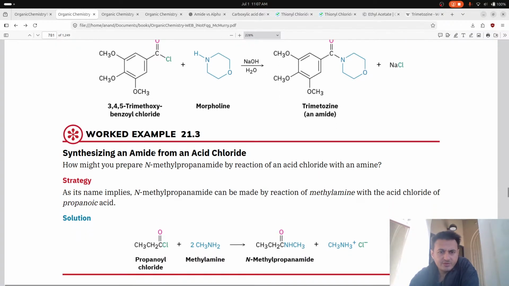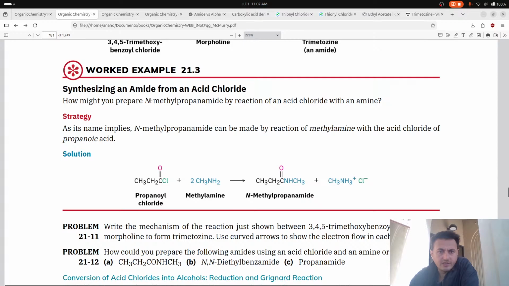Synthesizing an amide from an acid chloride. How might you prepare N-methylpropanamide? Okay, wait.